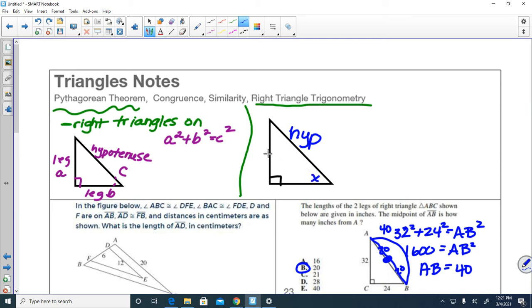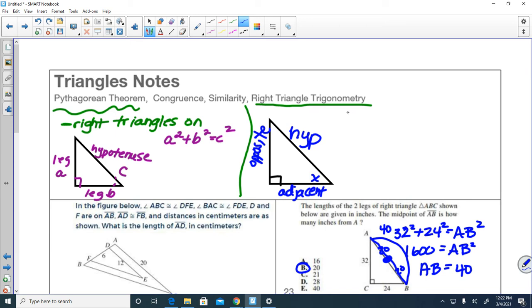Opposite means straight across. So if this is the angle we're referring to, the side straight across from it, we'll call the opposite. Then the adjacent is going to be the other side. Adjacent means touching, but it can't be the hypotenuse because the hypotenuse is always the hypotenuse.